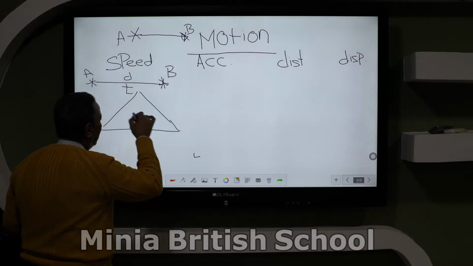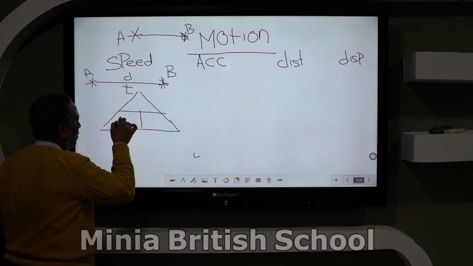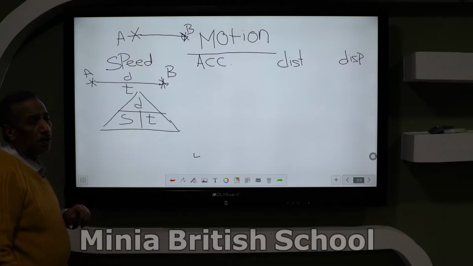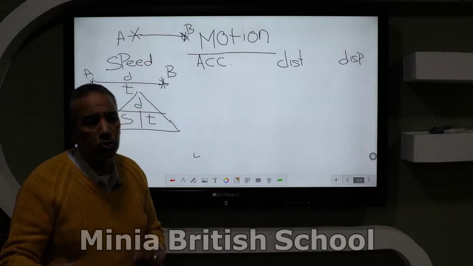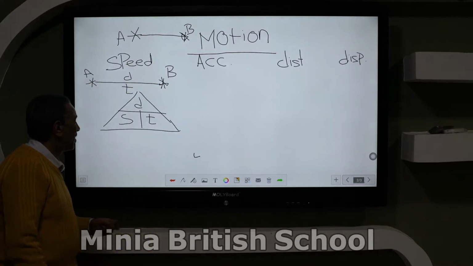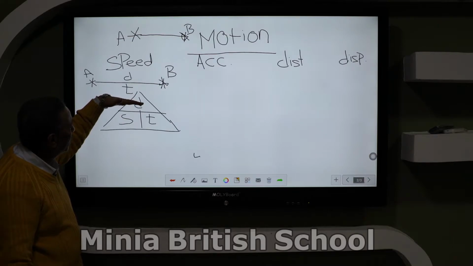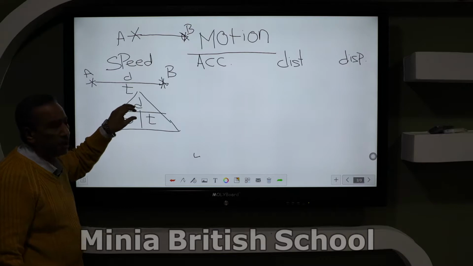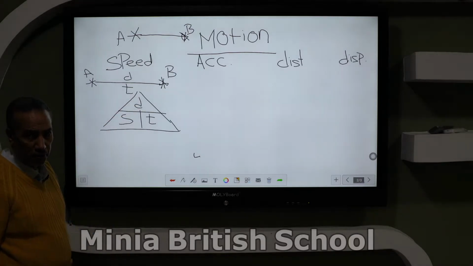We will take the triangle, which is a relation where speed equals distance over time, and of course you can get the distance or the time if you want. If he's asking for the distance, it equals speed times time. If he's asking for the speed, it equals distance over time.